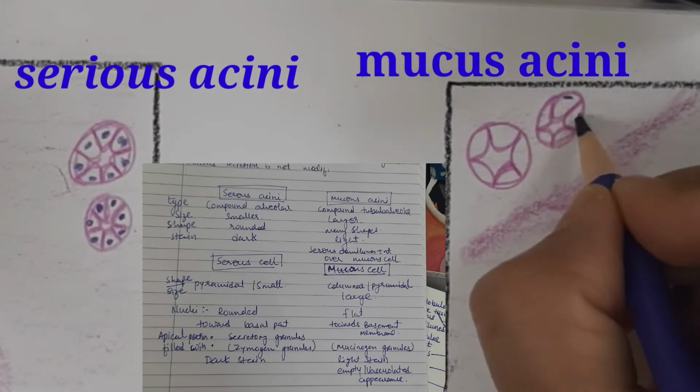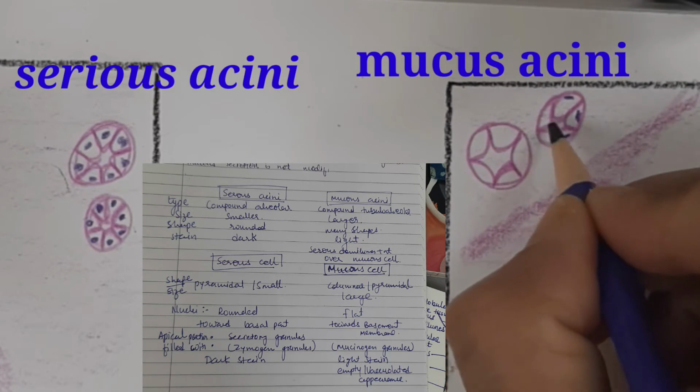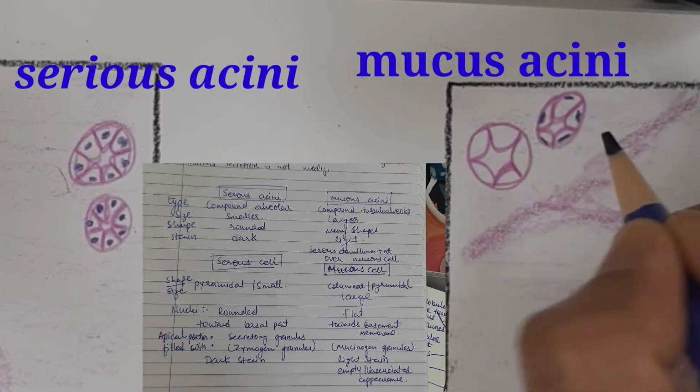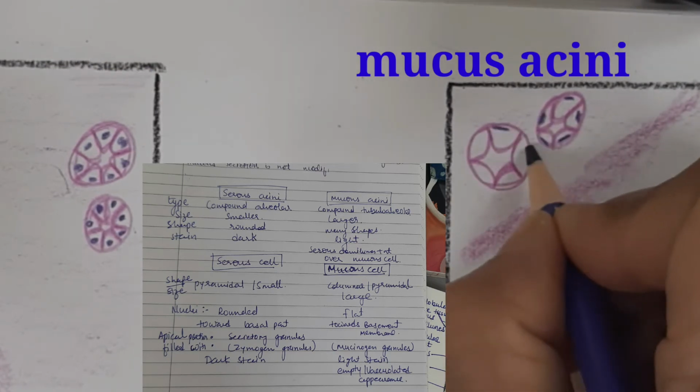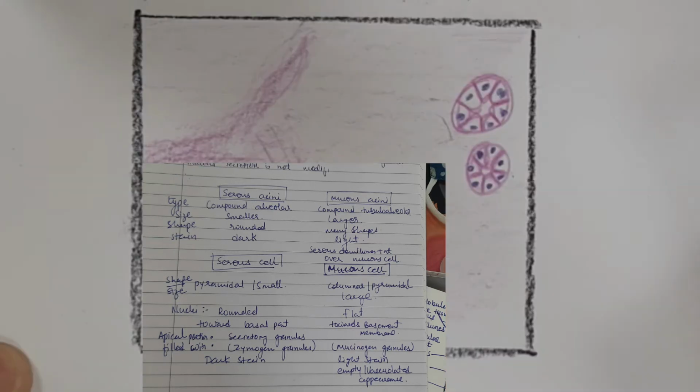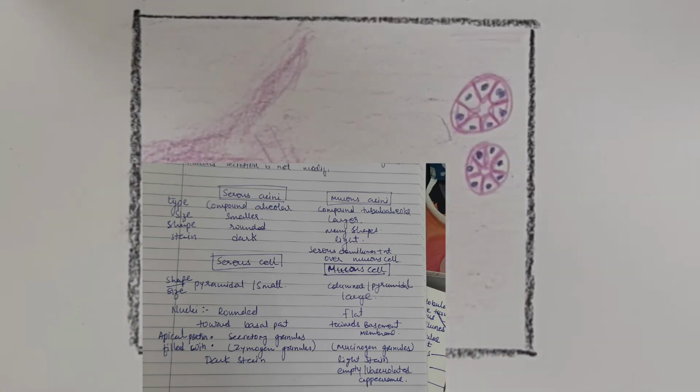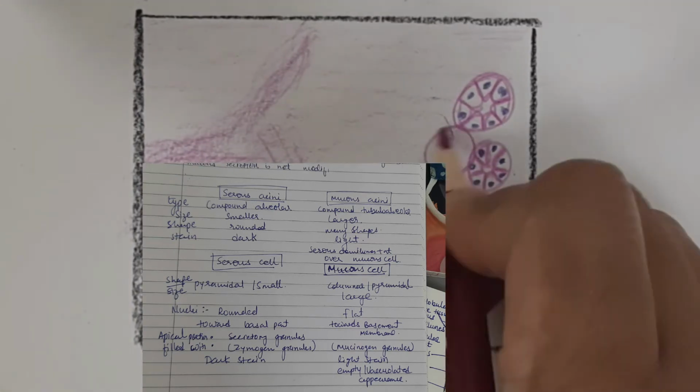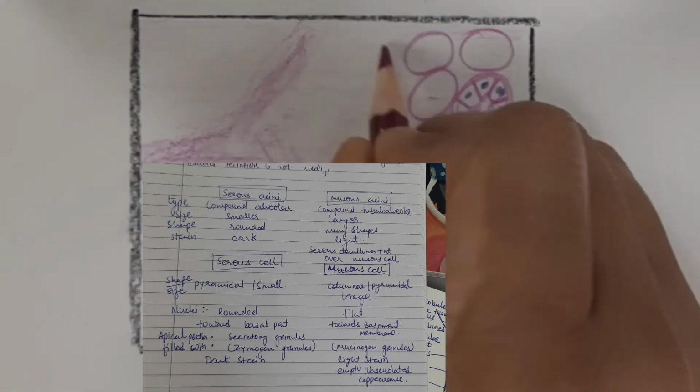Now the serous acini is smaller in shape and darkly stained, and the nucleus is rounded and placed in the basal part of the cell.